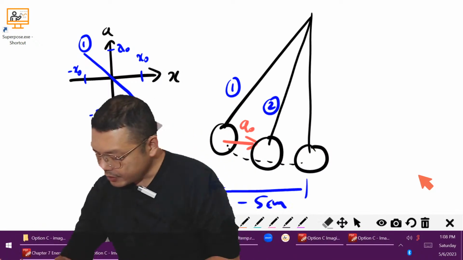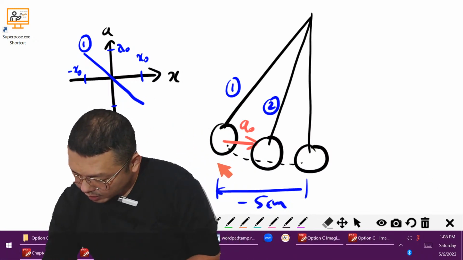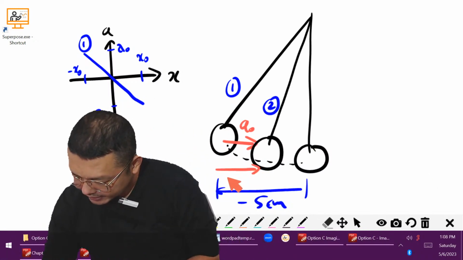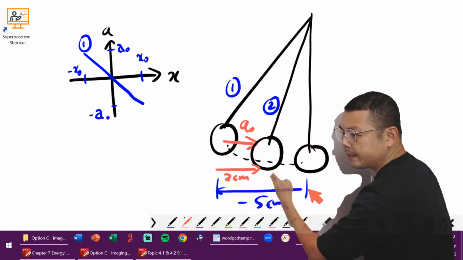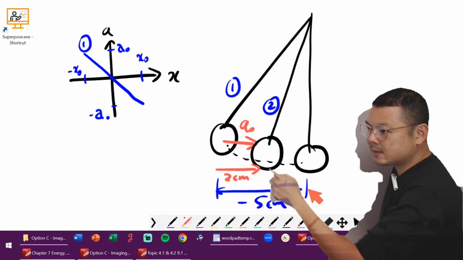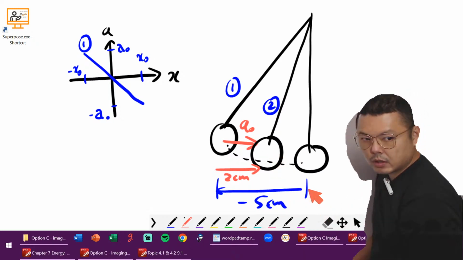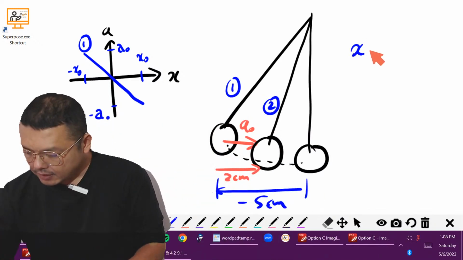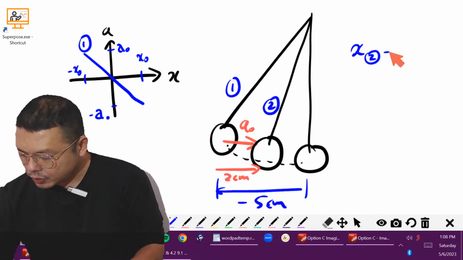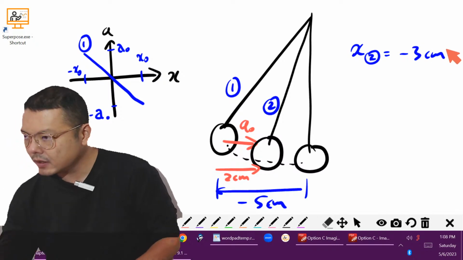If from 1 to 2 the object moves, I give you a trick number. Let's say I tell you that the object moves 2 cm. What is the displacement of the position 2? Negative 3. The displacement of position 2 is minus 3 cm.